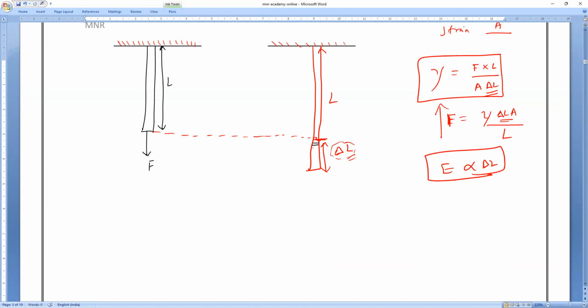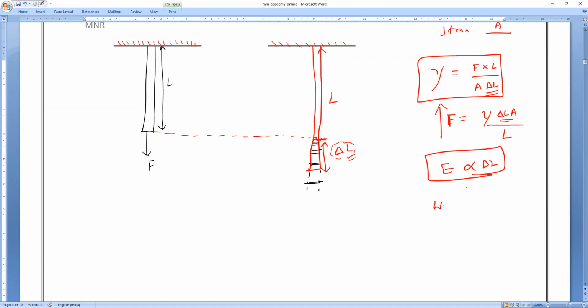He applies 2 Newton force, maybe it extends this much. With 3 Newtons, maybe this much, or with 4 Newtons, maybe up to this one. What I want to say here, everybody, is that you must be able to identify how the applied force works with the length. That is very, very important. As we studied, force is directly proportional to delta L.